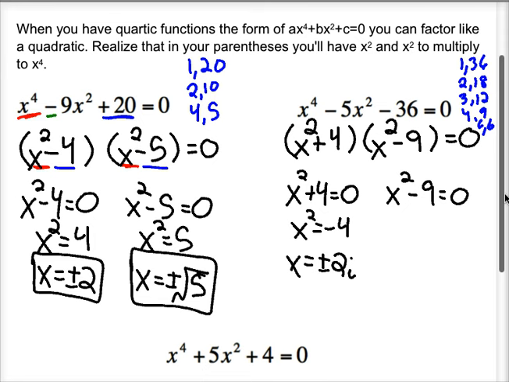So square root of 4 is 2, but because you're square rooting negative 4, you're getting 2i, and you're getting your plus or minus. Add the 9, square root both sides. So I've got your plus and minus, and the 9 is a positive number, so when you square root it, you simply get 3.